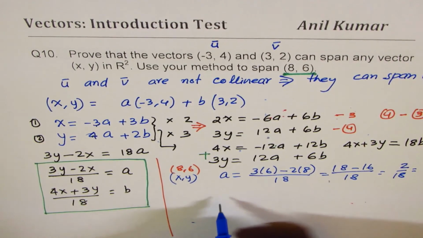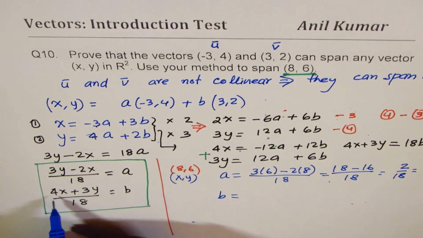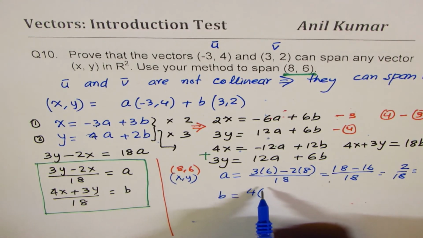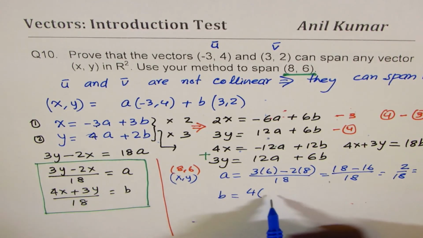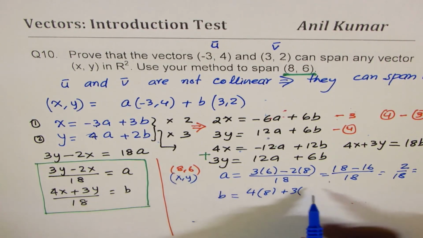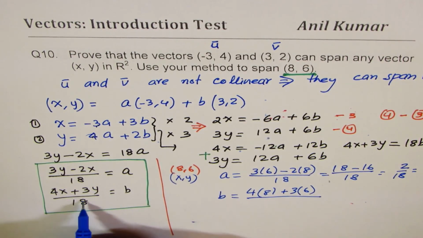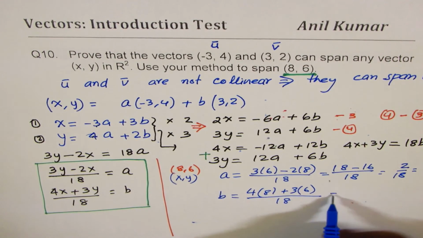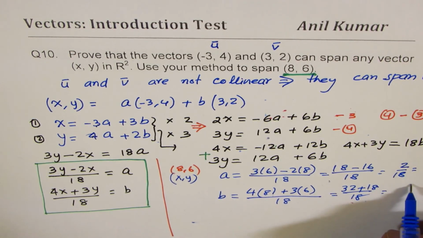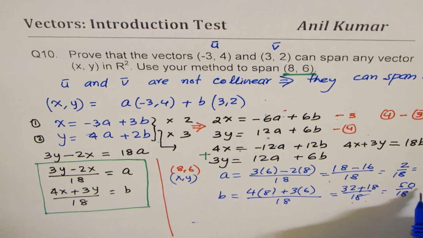That's the a value. The b value will be 4 times x, which is 8, plus 3 times the y value, which is 6. We are using this formula, right? Over 18: 4 times 8 is 32, plus 3 times 6 is 18, divided by 18. 32 plus 18 is 50, so 50 over 18, correct?